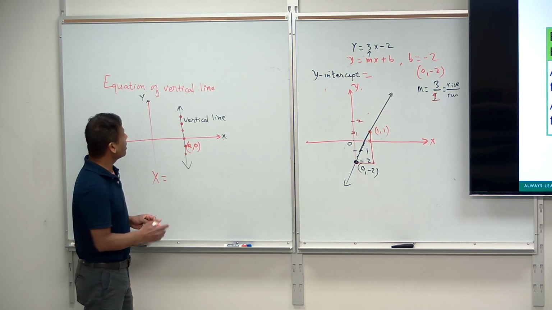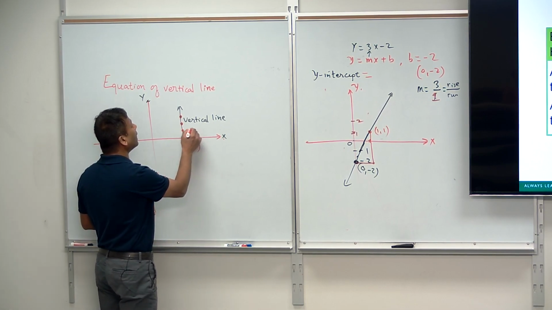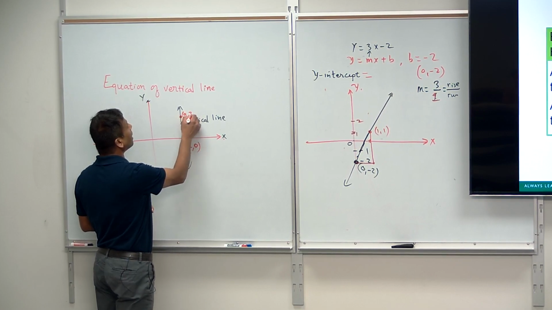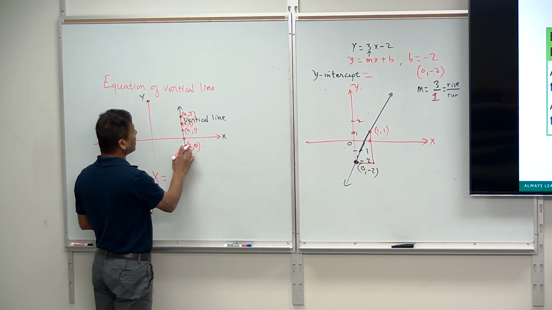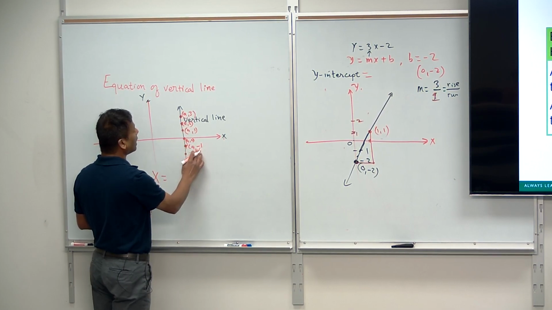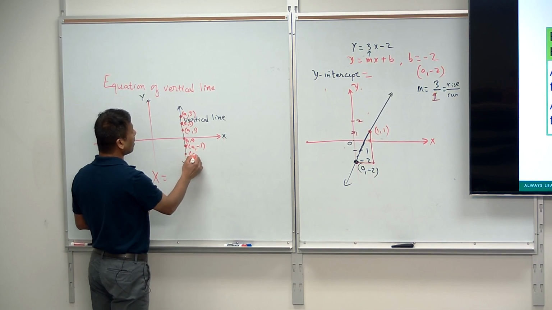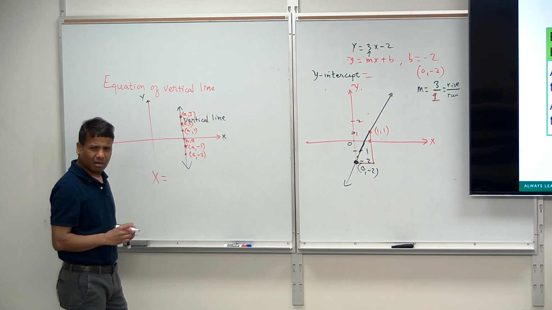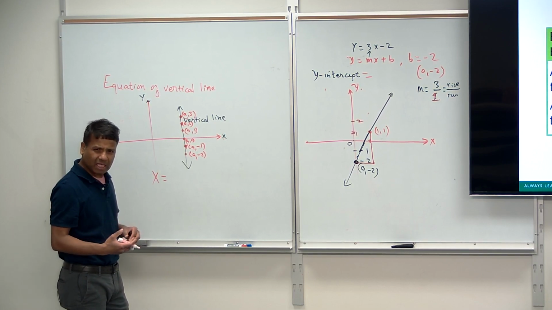Right? So this is (a, 1). This is (a, 2). This is (a, 3). This is (a, 0). This is (a, -1). This is (a, -2). Are you guys with me? Right? So the value of x is fixed.